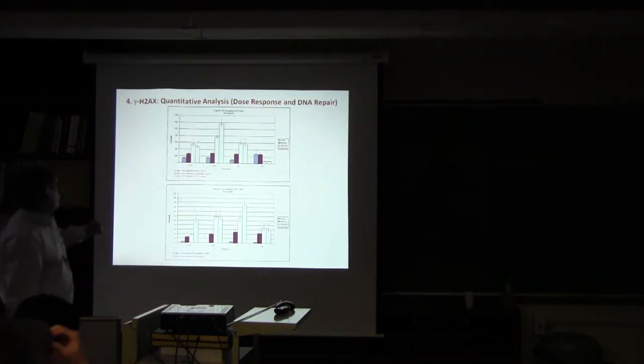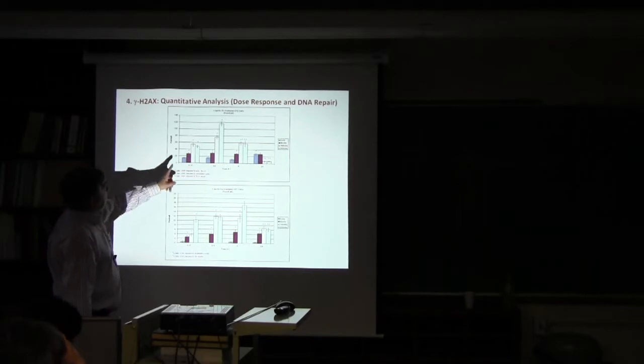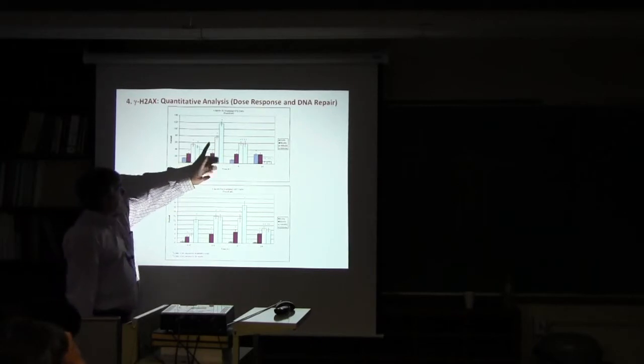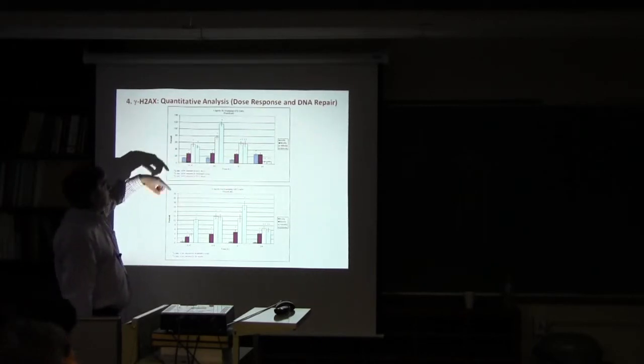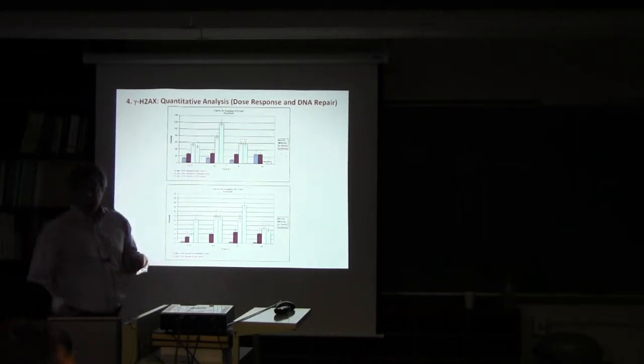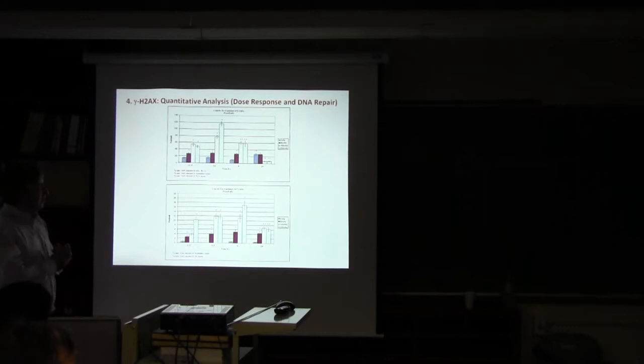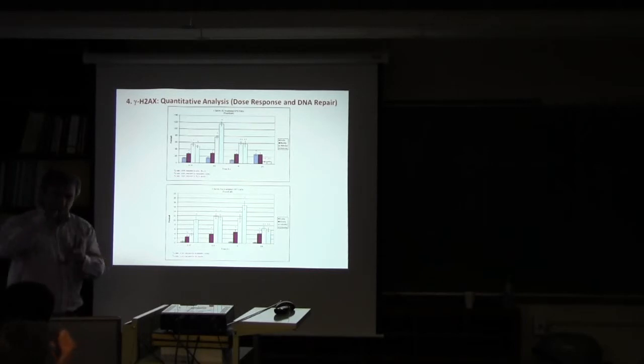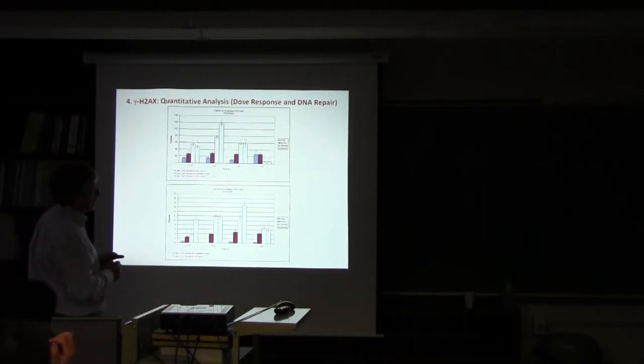The first is kinetics. You can see the different doses of radiation with time, and this is foci per cell. The response has a peak around half an hour. You generally assume that 20 to 30 minutes is when you will find a peak. There are variations between cells, of course, but 20 to 30 minutes is the magic number as far as I know.